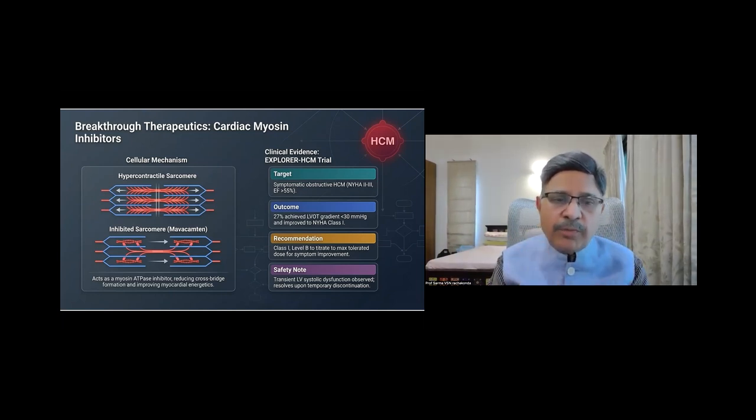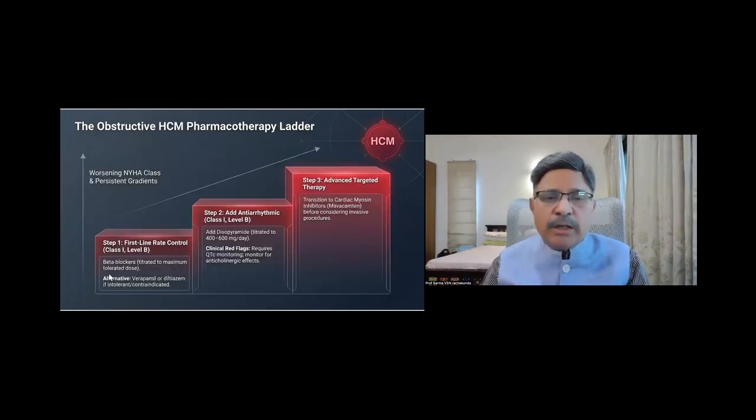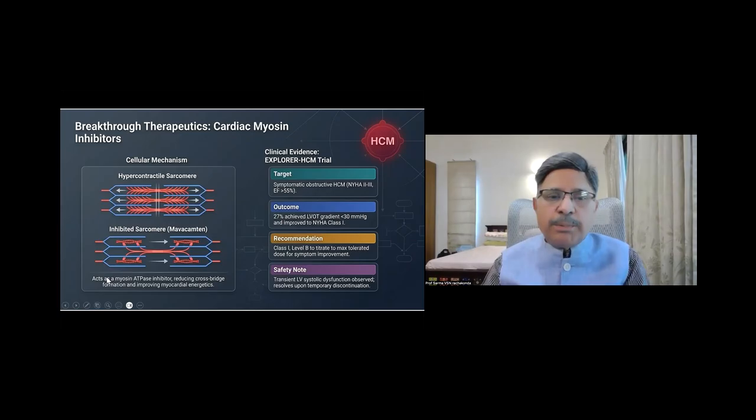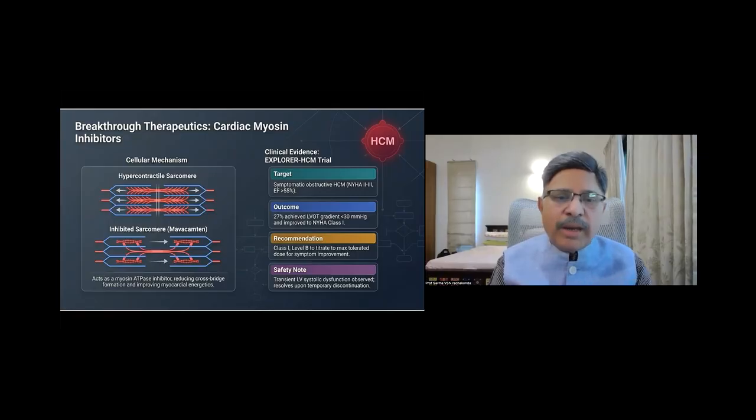Now we interfere with that and inhibit the myosin ATPase. That myosin ATPase inhibitor is the newer drug mavacamten. Mavacamten reduces the energy load. There is less energy for the muscle to get hypertrophied, and then it relaxes.